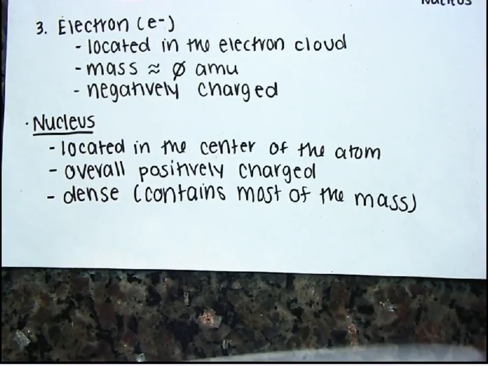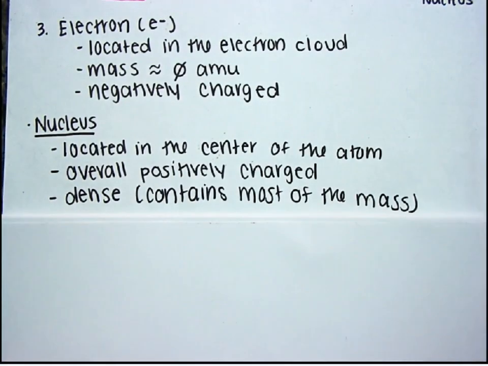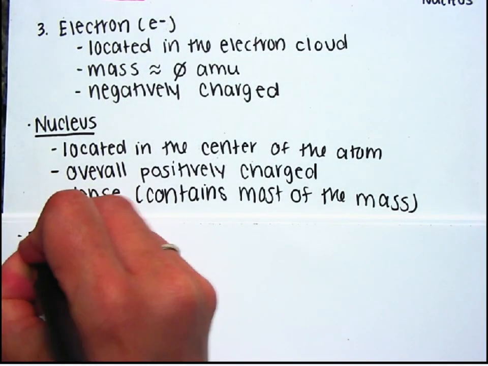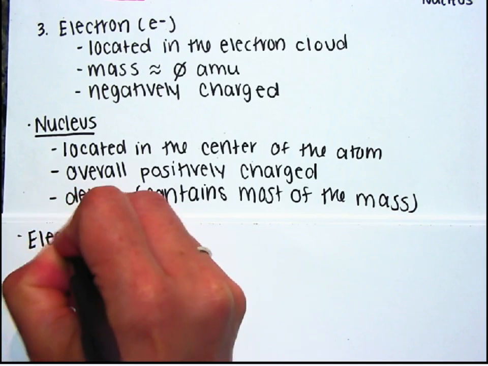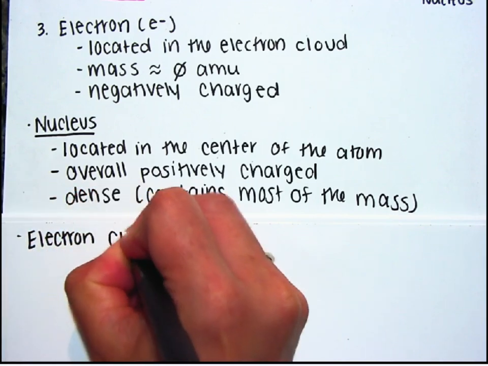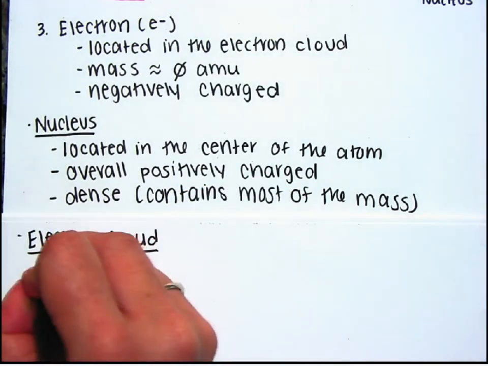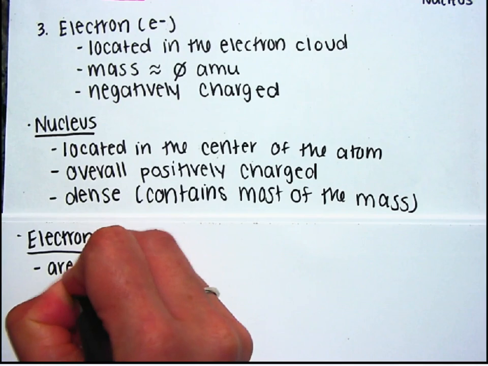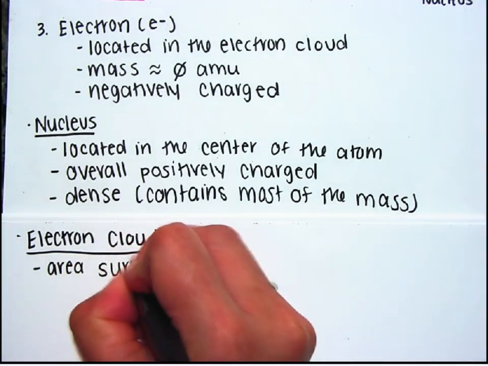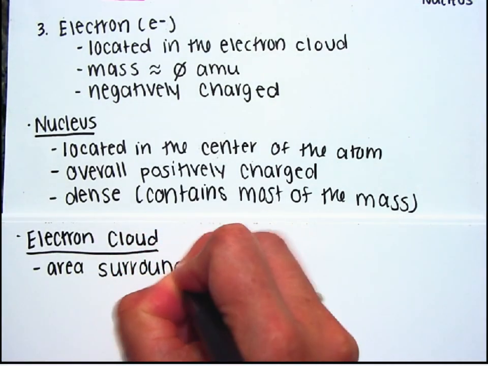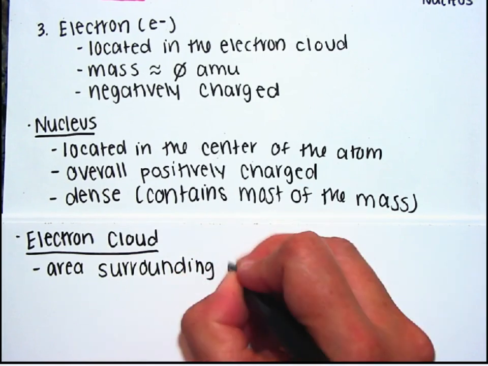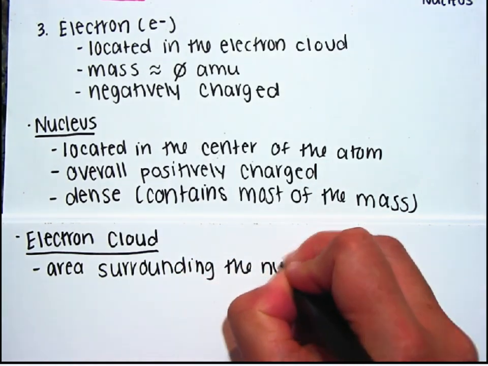Let's talk about the area outside of the nucleus. The electron cloud. The electron cloud is the area surrounding the nucleus.